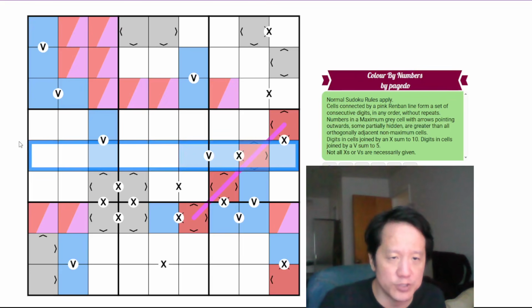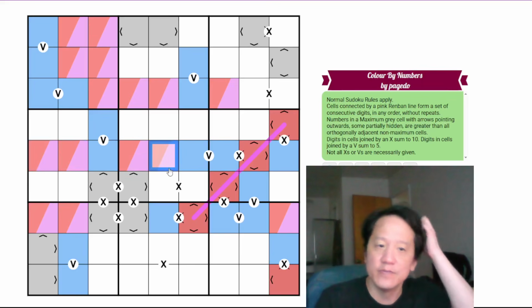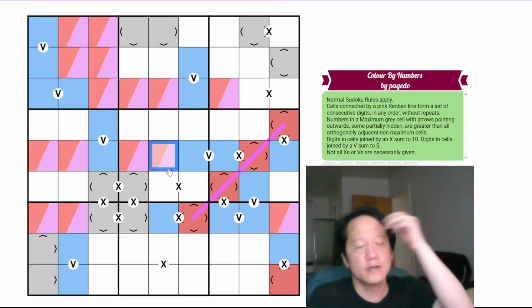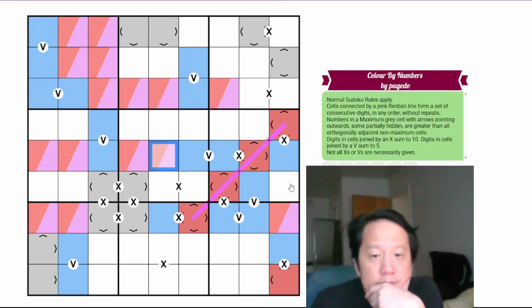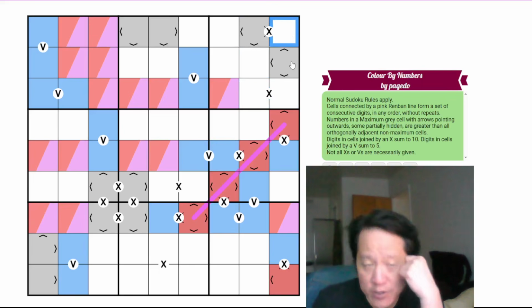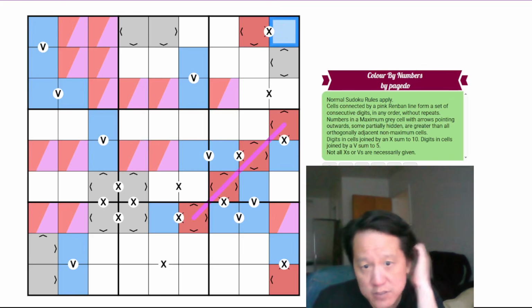We have 4 low digits in row 5, which means the rest of the digits in row 5 are higher than 5. Okay. 2, 3, 4. This digit is higher than that digit, so this must be the high digit of the pair adding up to 10. So this is low.